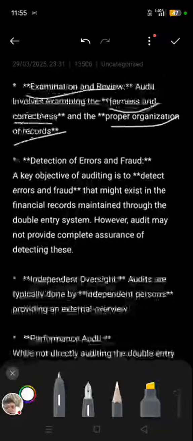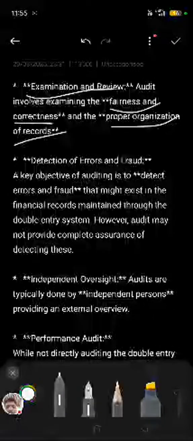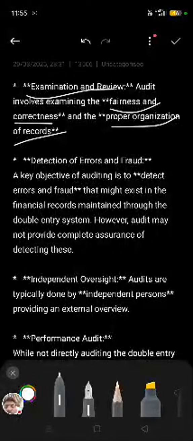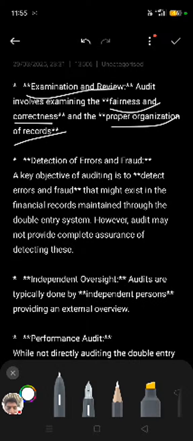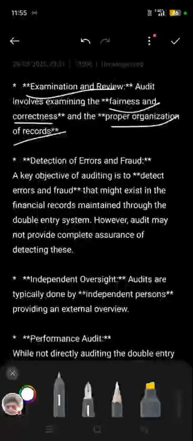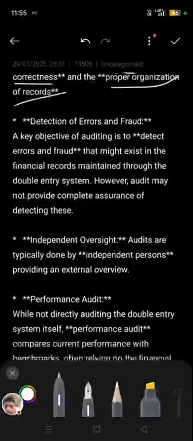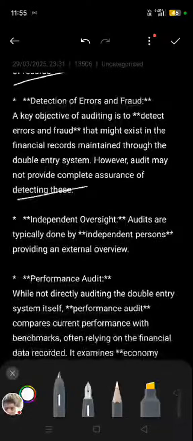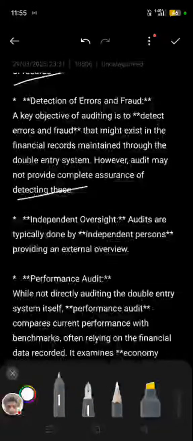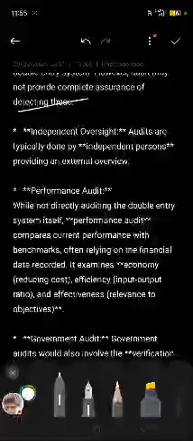The detection of error and fraud: the key objective of auditing is to detect errors and fraud that might exist in the financial records. However, audit may not provide complete assurance of detecting these. Independent oversight: audits are typically done by an independent person, providing external assurance.